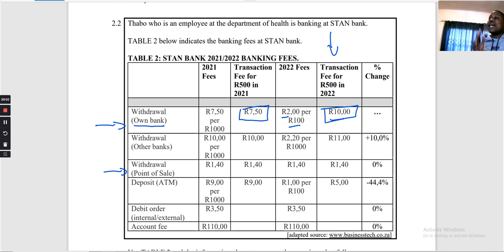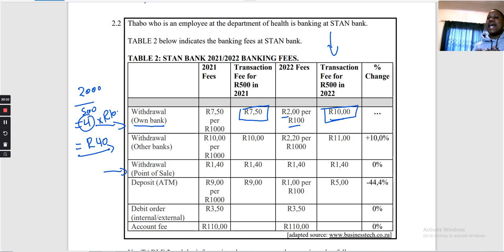So 2,000 has how many 500s? 2,000 divided by 500 is going to give us 4. It means that it has four 500s, so they are going to charge him 10 Rand times 4 for withdrawing 2,000. It means when he makes a withdrawal of 2,000 at his own bank, they are going to charge him 40 Rand.